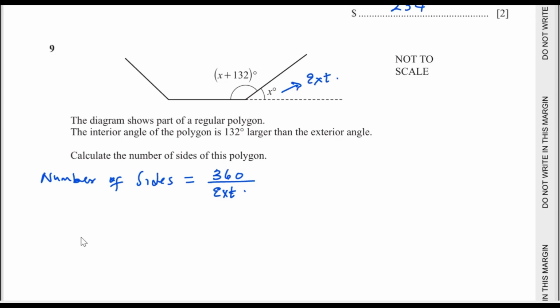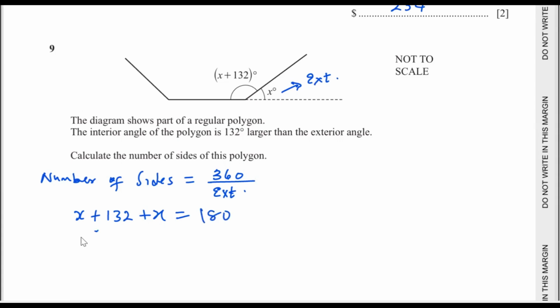This is the exterior angle. Both the interior angle and exterior angle add up to 180 degrees because they form angles on a straight line. So we add x plus 132 degrees plus this x is 180 degrees.